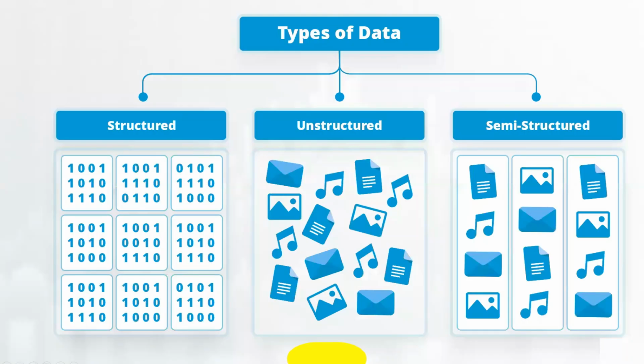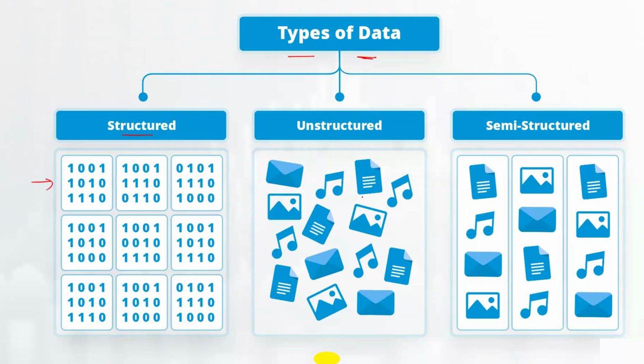Now we have seen structured, unstructured, and semi-structured data as well. So we understand all the data types which we may have to analyze using Databricks or any tool. Structured data has rows and columns or a specific schema.